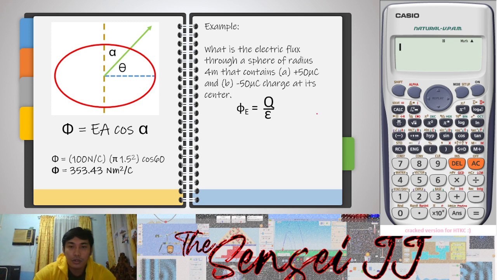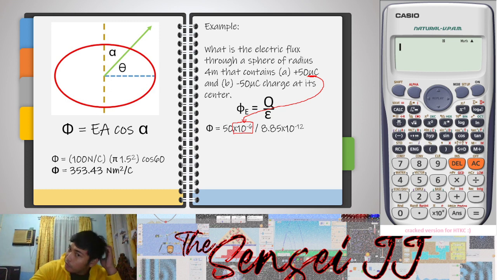Using this formula, we can still get the value of our electric flux. Okay, so using this formula, we have here our phi E is equivalent to 50 times 10 raised to negative 6. As you can see, we have here our microcoulomb. This microcoulomb is also equivalent to times 10 raised to negative 6.